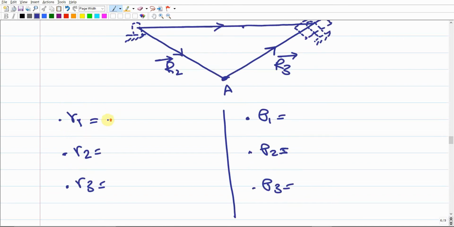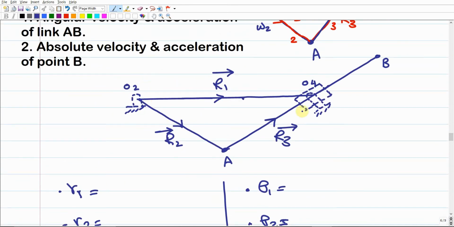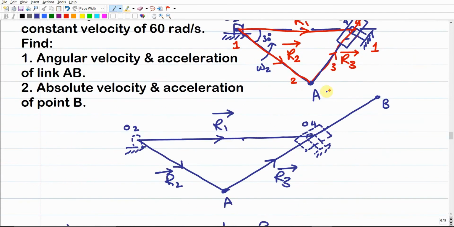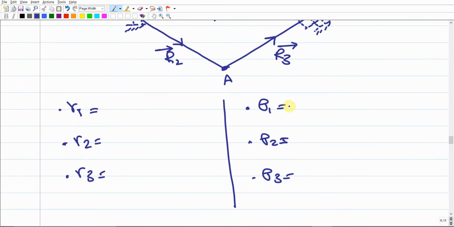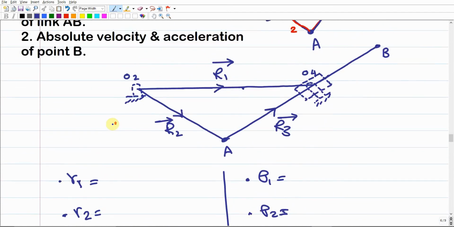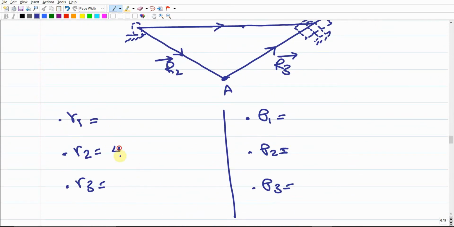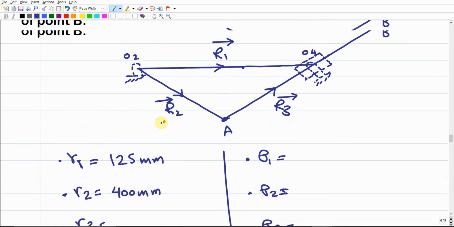So how much is R1? R1 should be the distance between O2 and O4, which is already given as 125 millimeter, and the R2, which is the link, is already given as how much? It's given as 400 millimeter. So it means that R2 is 400 millimeter. And the R1, which is the distance between O2 and O4, is 125 millimeter as given up there.